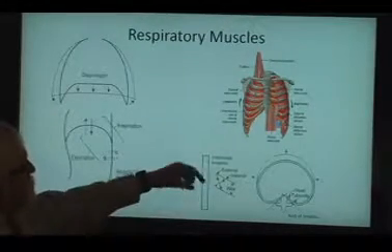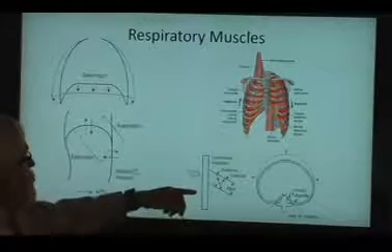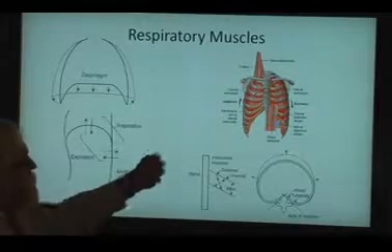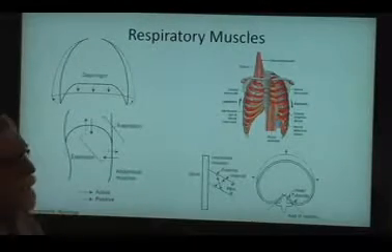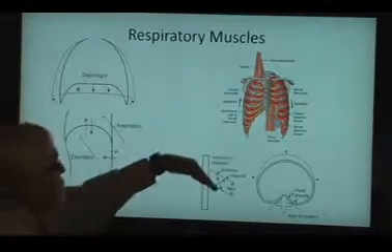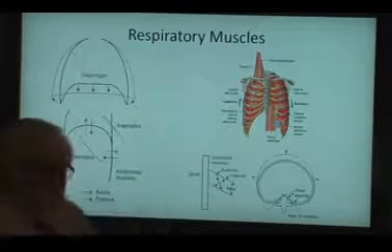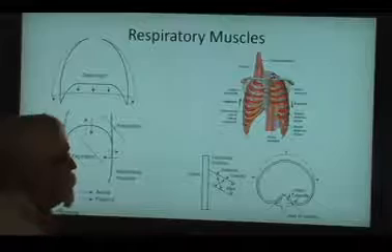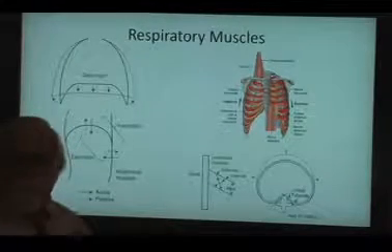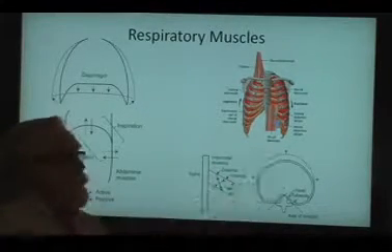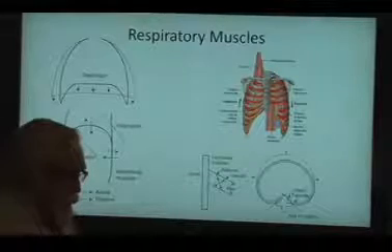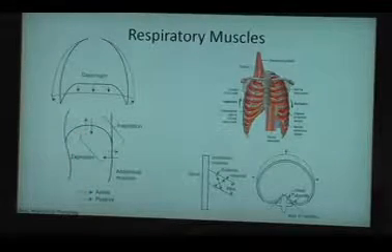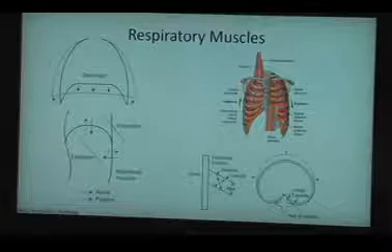Also, as is illustrated here, when the diaphragm contracts and when the chest wall muscles contract, the external intercostals contract, that lifts up on the ribs. So the contraction of the chest wall muscles lifts up on the ribs, also lifts up on the sternum. So we have the sternum that moves outward, and we have the ribs that get lifted up and assist with the outward motion of the thorax.